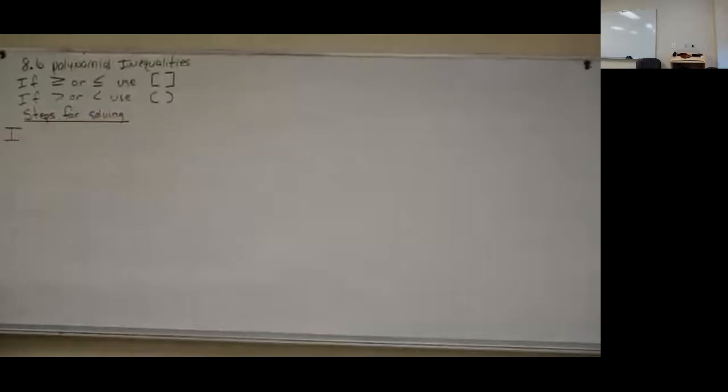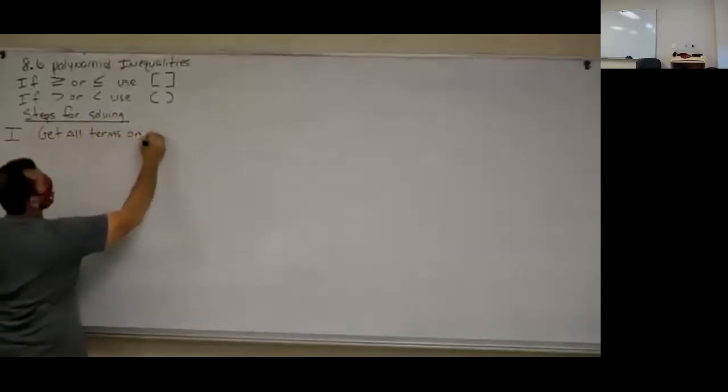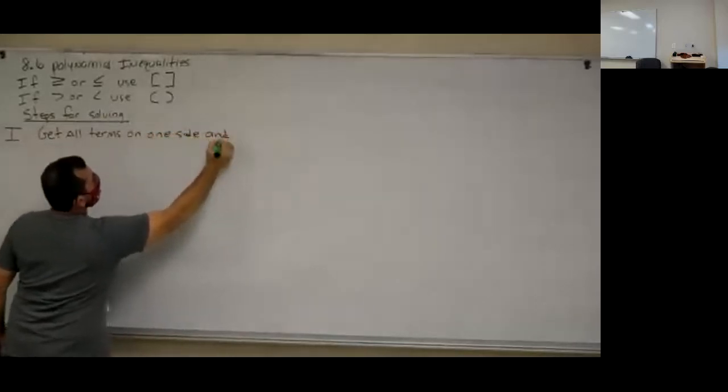So really the first thing you want to do is get that polynomial on one side, get all terms on one side and equal to 0.